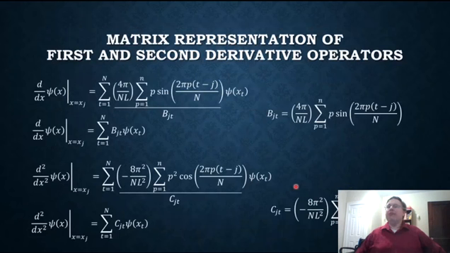We can do the same thing for first derivative operators and for second derivative operators. Here, the first derivative operator is transformed into a matrix representation as follows. The second derivative operator is transformed into its matrix representation as follows. I have called these matrices B and C. We're going to need the C matrix for the second derivative, which appears in the Schrodinger equation.